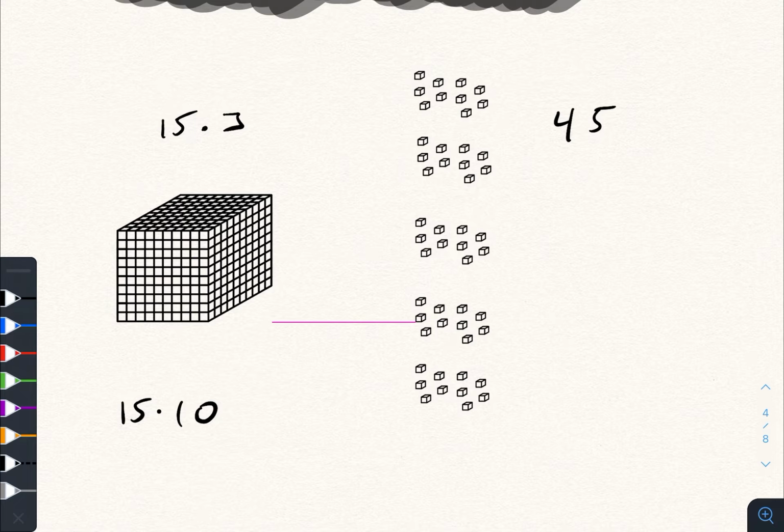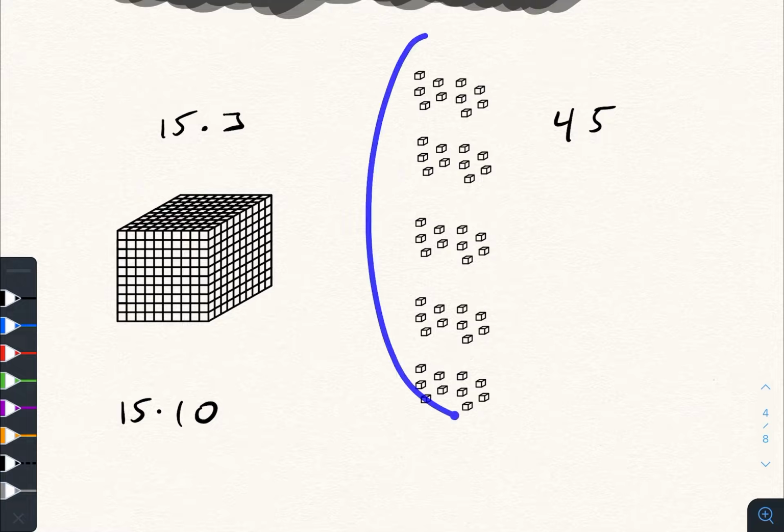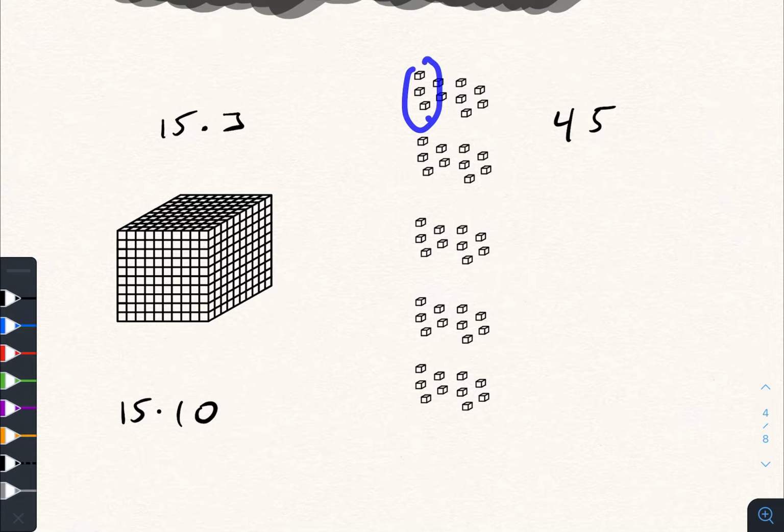And now what can we do with these leftover singletons? Well, I started with 5 singletons, and then I took 10 copies of each of them, right? So 10 copies of each of these singletons. And so I can make an exchange for each of these 5 groups of 10, right?